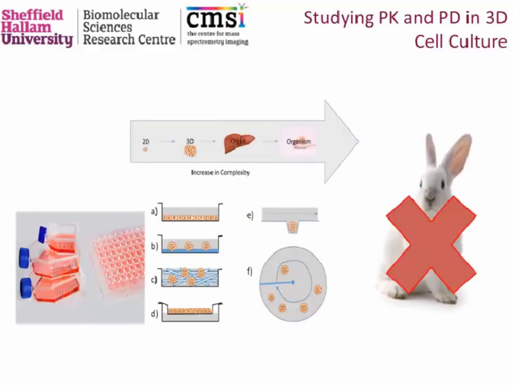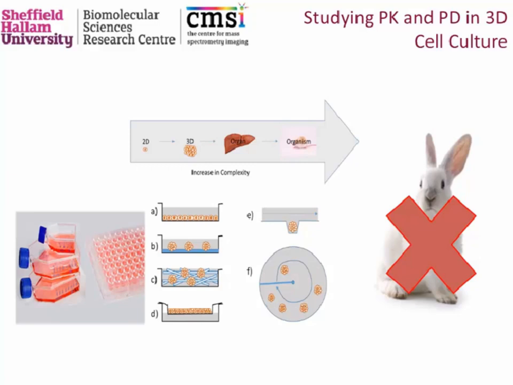So the reasons for using 3D cell culture are that they're a bridge between more conventional two-dimensional cell culture technologies and whole organisms for preclinical work. We're talking here about looking at disease, toxicology studies, and pharmacology work.